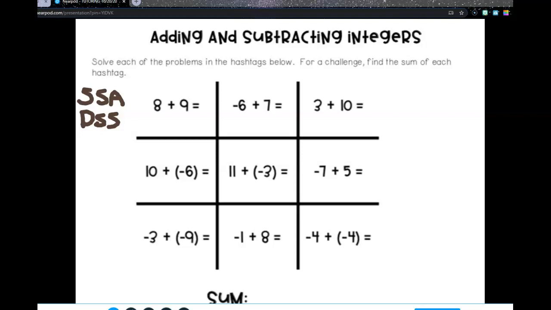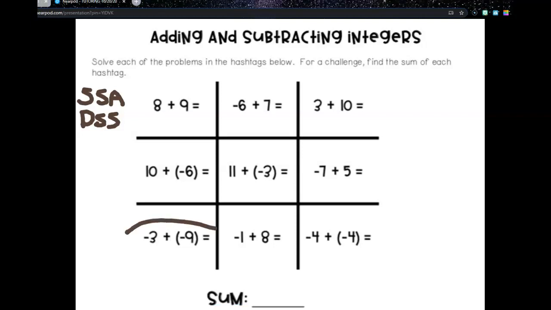If the numbers have the same signs, like if they're both negative, like at the bottom, -3 plus -9, you just add them together. So if I have 3 negatives and then I get 9 more negatives, I have 12 negatives altogether.